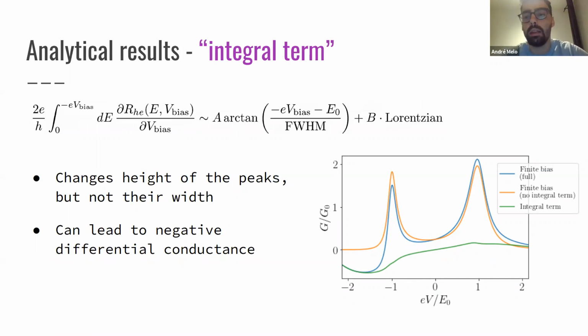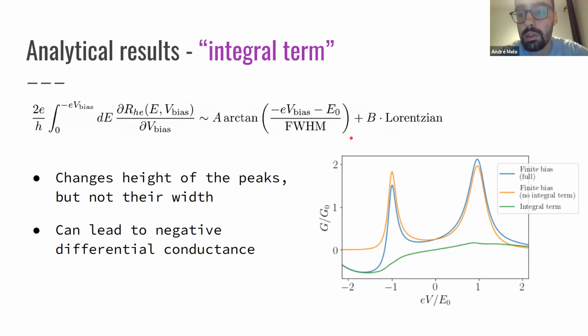And then we can obtain an expression for this term, which splits in two terms, one arctangent and one Lorentzian. And the key observation here is that both these terms vary on the same scale as the linear response term, so they have the same width parameter.